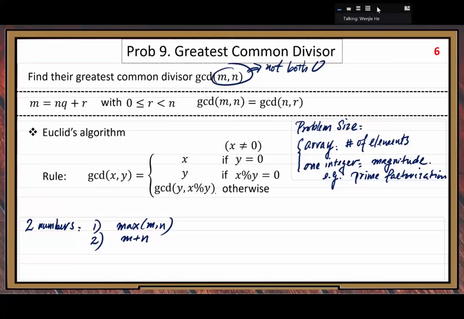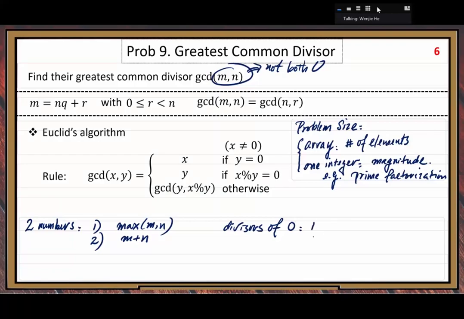GCD, greatest common divisor, right? So here, let's look at the divisors of 0. What are those numbers that can be used as divisors of 0? Can 1 be a divisor of 0?